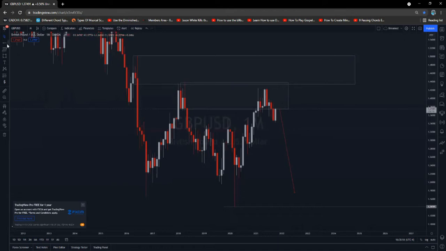Now, areas of interest for me, especially if we're looking for areas where we can get an opposition, is this area over here. What makes this not a good area for me personally is just the formation on the candlesticks over here, right? And also, we don't have a large gap. So another area of interest is this one.